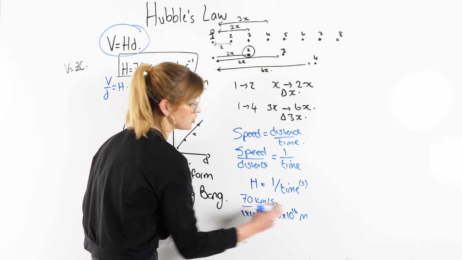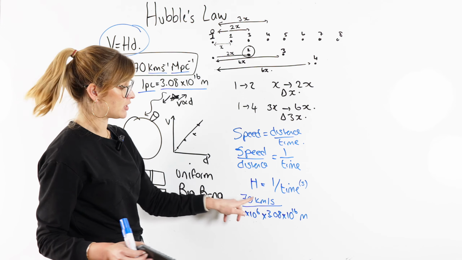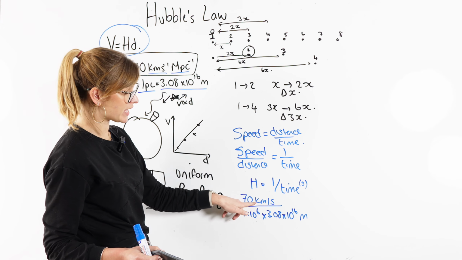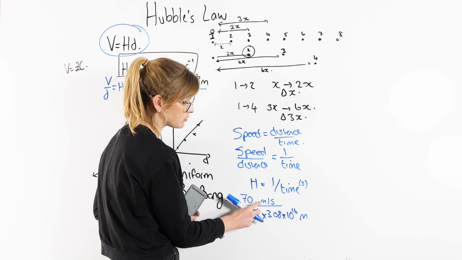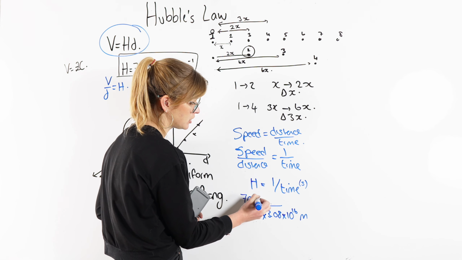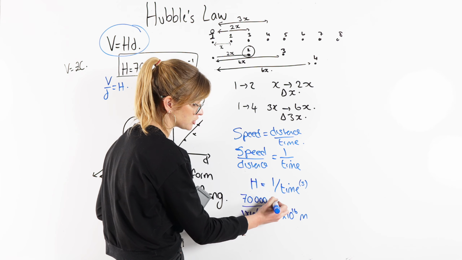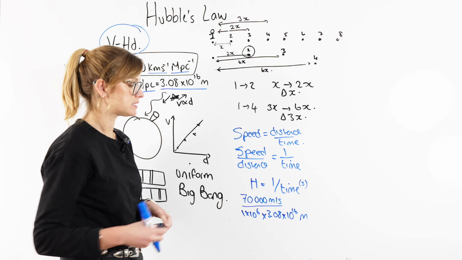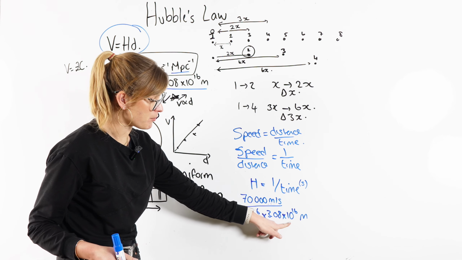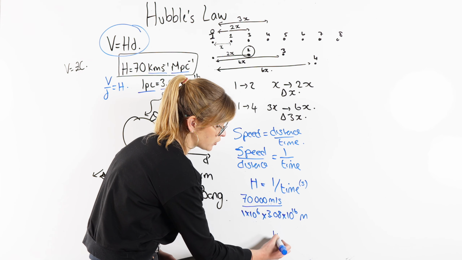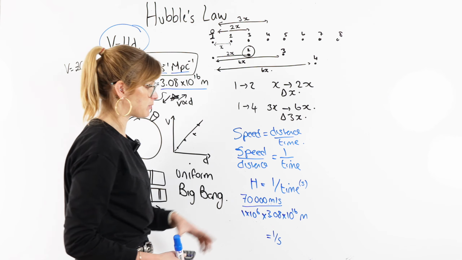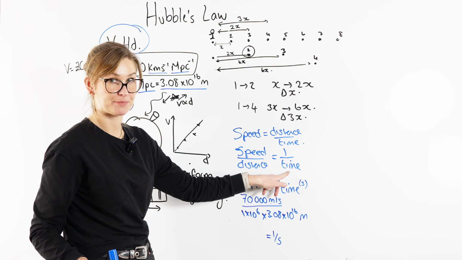So now the units in the bottom are meters, but my units in the top are kilometers. In order to cancel it, it needs to be the same, so I'm going to convert this into meters. So 70 kilometers is going to be 70,000 meters. So that's why it's 70,000 meters per second. Now if I do 70,000 divided by the bottom number, we've got a meter divided by meter, and the unit we get left with is 1 over seconds, which makes sense because that equals 1 over time.